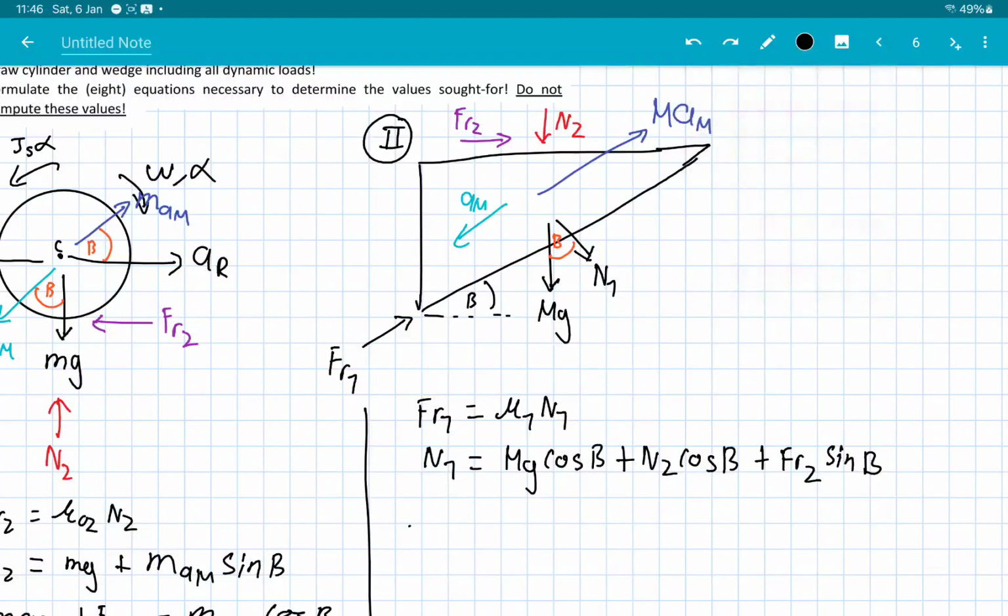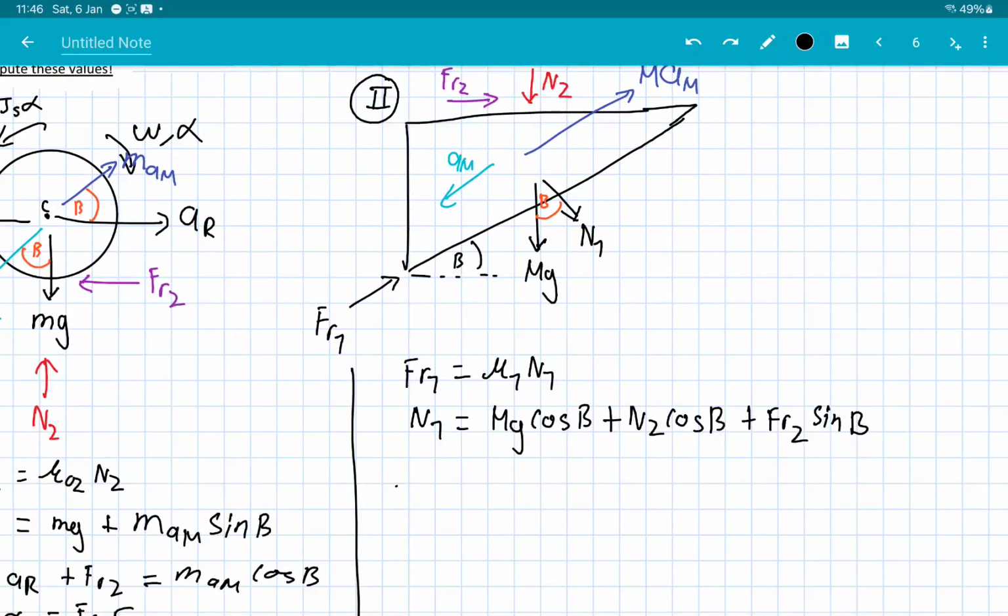That's why it's sine beta, and that is your N1, and this is in this direction. I mean, it's not really good looking, but yeah.